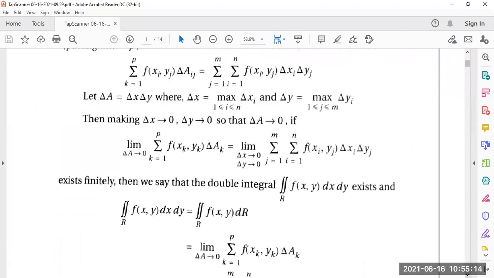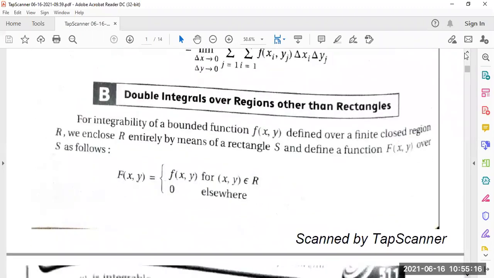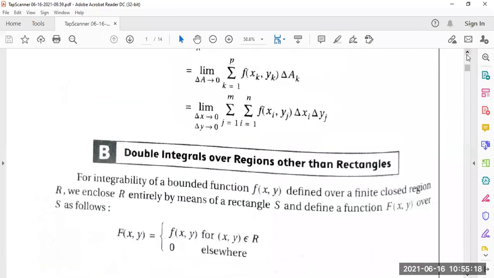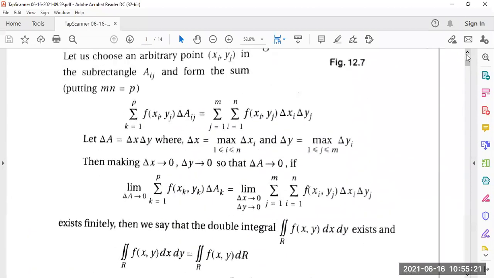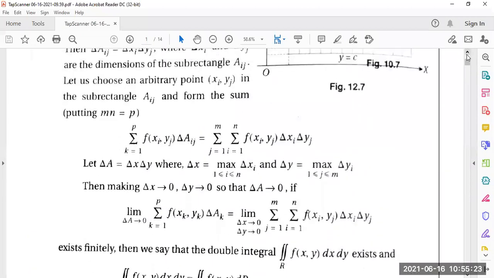Then we make the sum, summation k equal to 1 to p of f of xi, yj into delta Aij, that means the area of the sub-rectangle into the given function f of xi, yj. So k goes from 1 to p, where mn equals p.